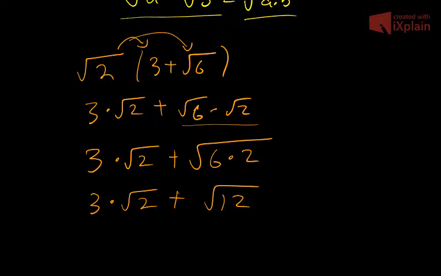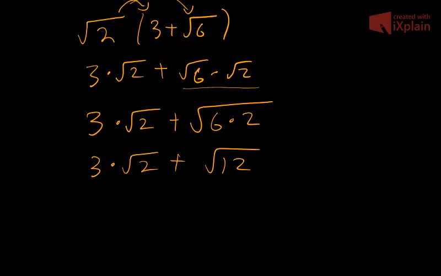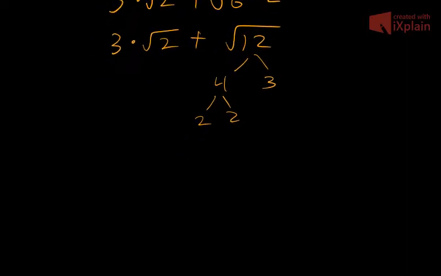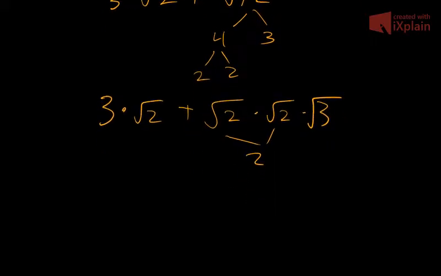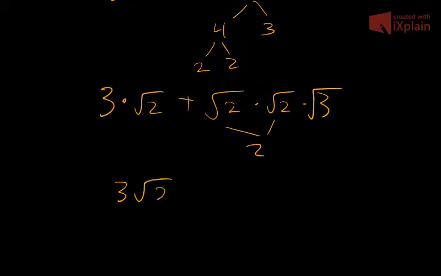And once I have this, if I wanted to, I could look at 12 and factor it and get a 4 and a 3 and a 2 and a 2 and just keep on going with this. 3 root 2 plus, this would be root 2 times root 2 times root 3, and these are just going to give me 2, so I end up with 3 root 2 plus 2 root 3.